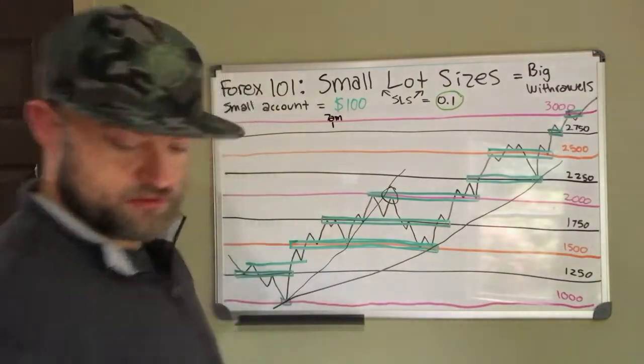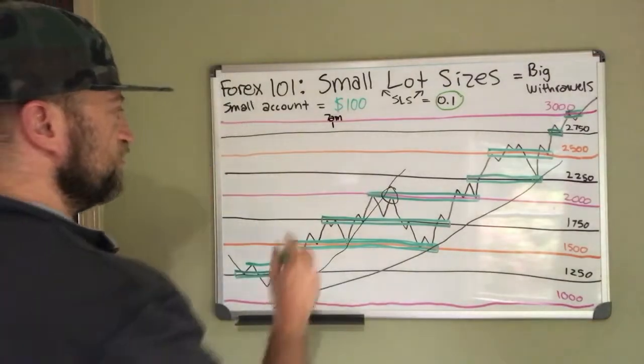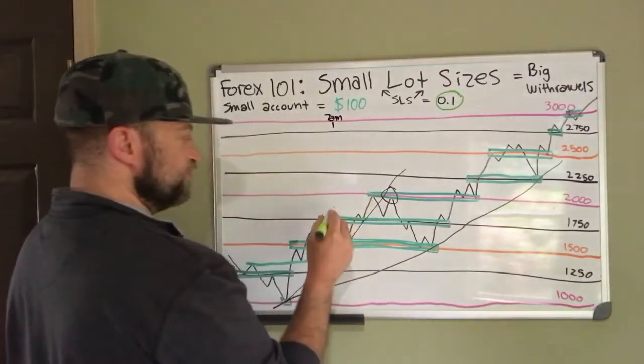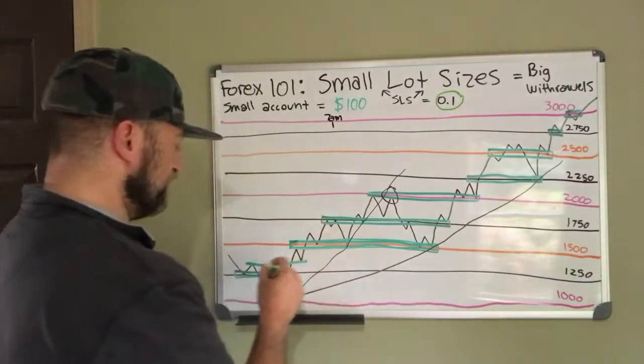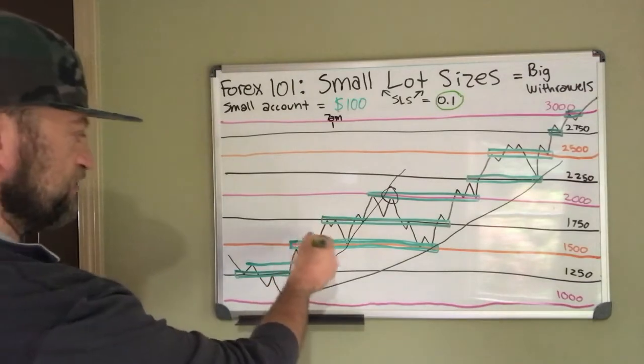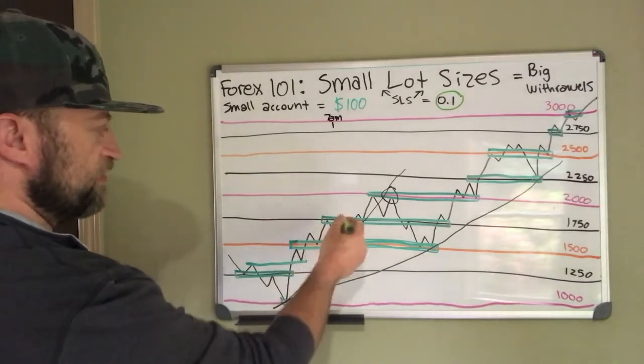And let's say you woke up right here and boom, you took an entry. Whatever you saw coming off of this, you said, well, I think it's going to go higher.